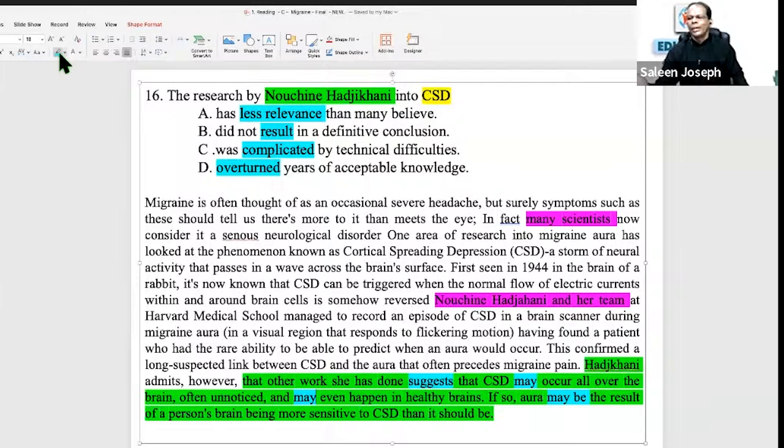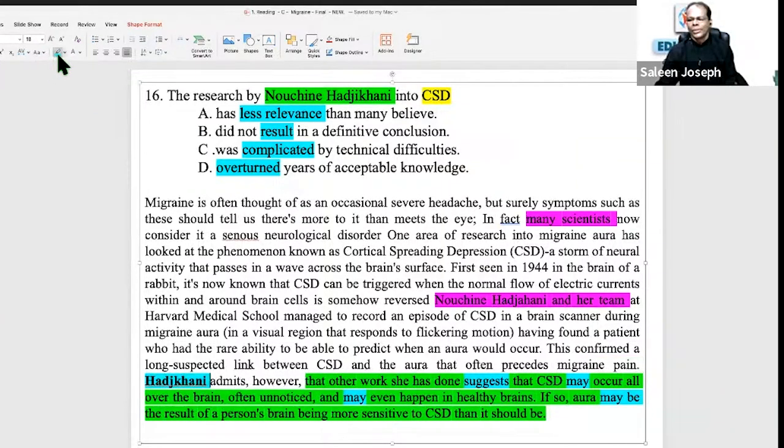Possibility. Are they sure? No. Is it a definite conclusion? No. After the name, they are typically telling you again and repeatedly that the conclusion is not definite, maybe a probability, a possibility.